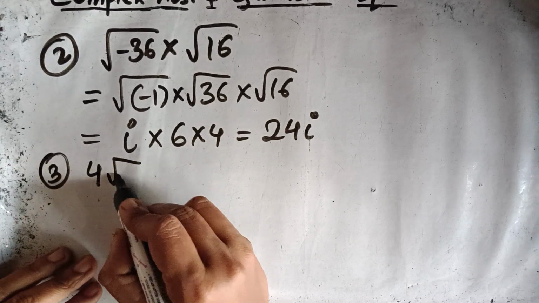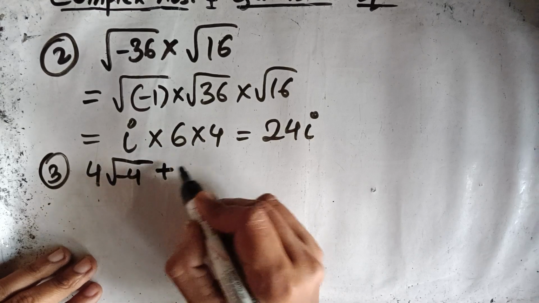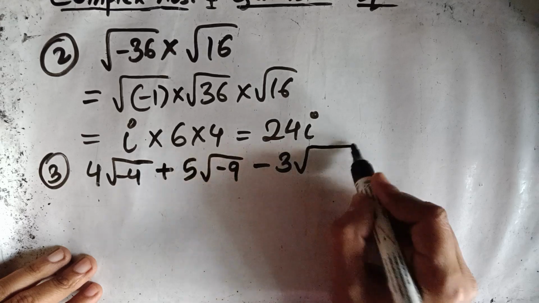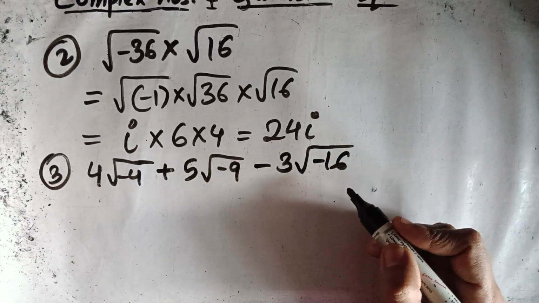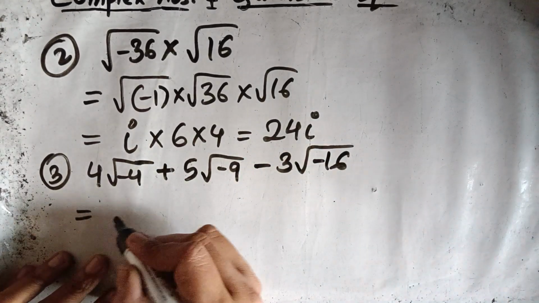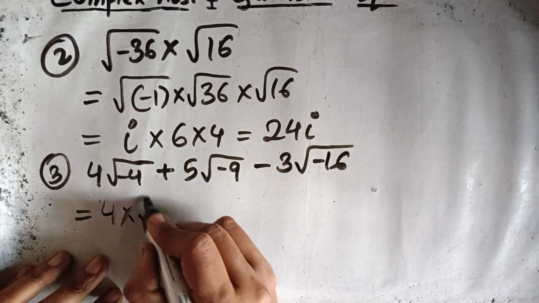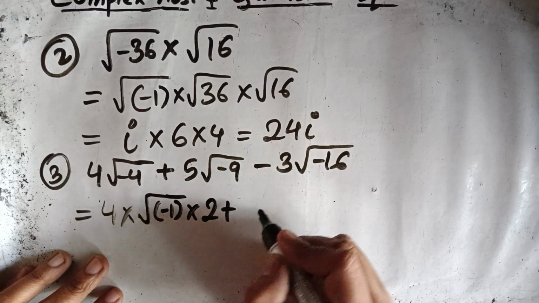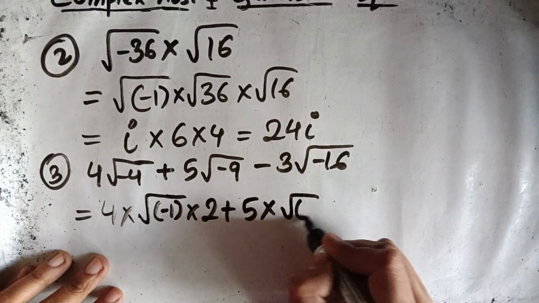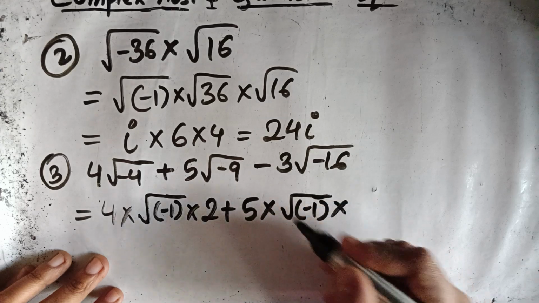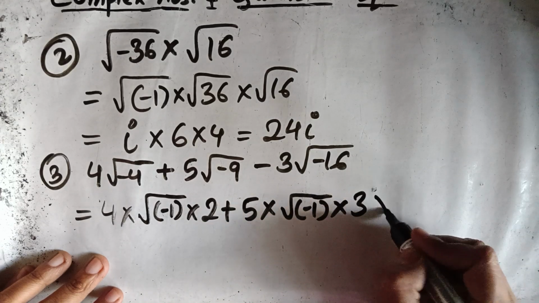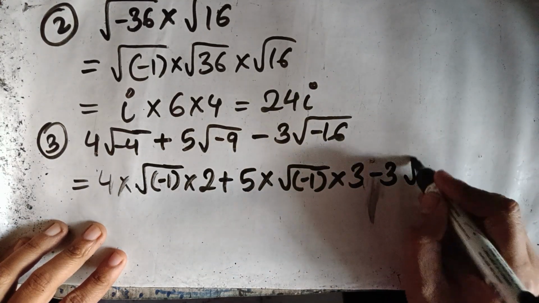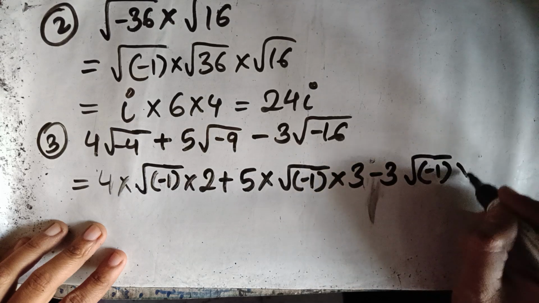4 root minus 4 plus 5 root minus 9 minus 3 root minus 16. So this we can write root of minus 1 into root 4, which is 2, root minus 1 into root 9, which is 3, minus 3 root minus 1, 16 is 4.